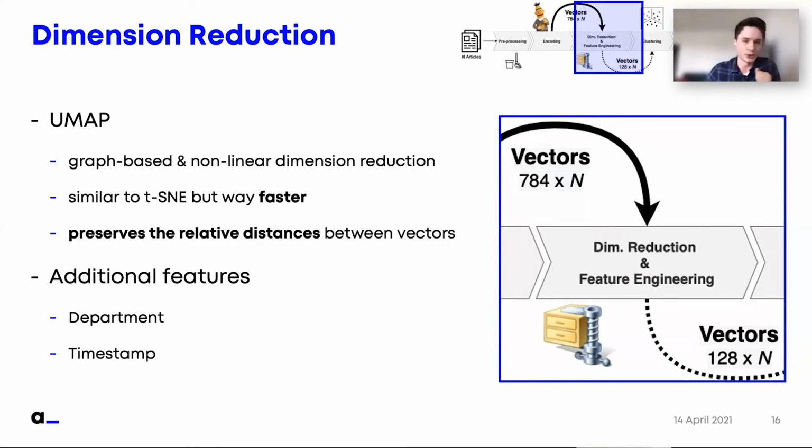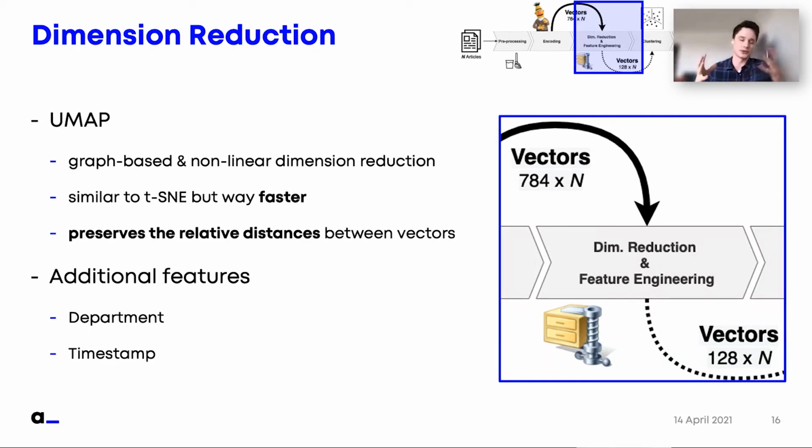So for that, I decided to use UMAP dimensionality reduction, as it has one important benefit in comparison to other strategies, like, for instance, PCA. Namely, it uses a predefined similarity function to measure distances between the points, and then it uses the same function to preserve these relative distances in this lower dimensional space.